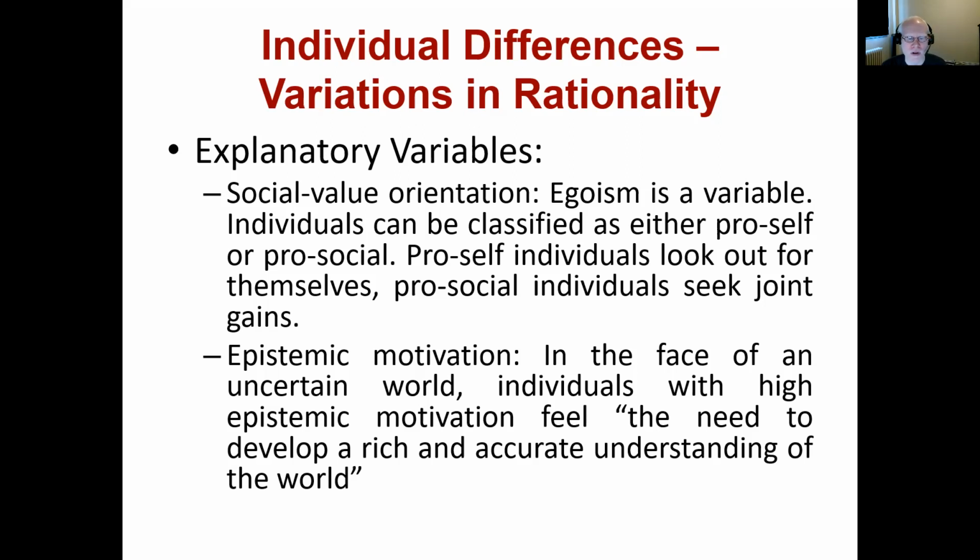You could be a pro-self individual with a goal of maximizing return for yourself, and you could be a pro-social individual with goals of maximizing joint gains. And strictly speaking, as long as the decisions you make and the behaviors you take work towards satisfying those goals, whatever those goals might be, at the most basic level of rational choice theory, either is possible for rationality.